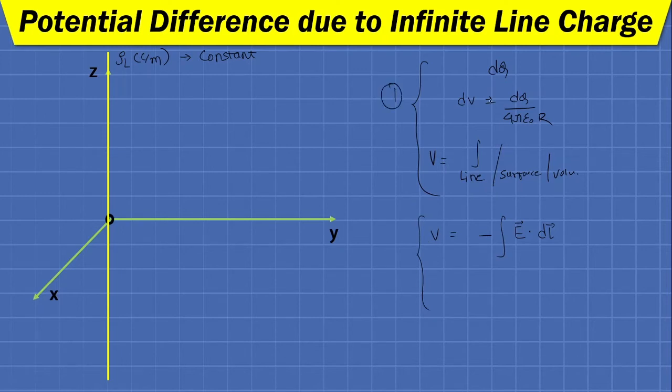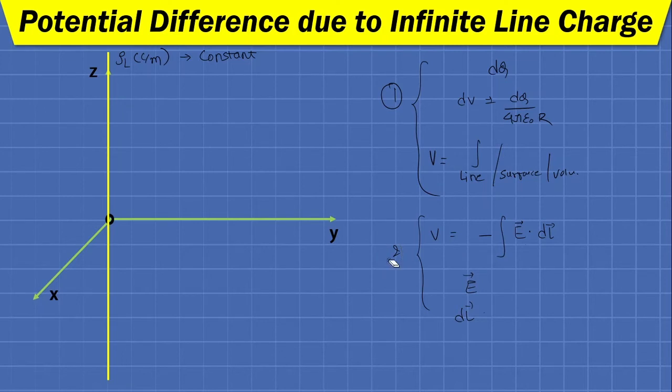This is the first way, and we have used this way to find the potential due to the ring charge. Fine. In this second case, we'll adopt the second way, in which we first determine the value of intensity for that kind of charge distribution. Then we will have some distance dl bar, and we will take a dot product, and then we will integrate along the line. Fine. So that result will also turn out to be the potential.